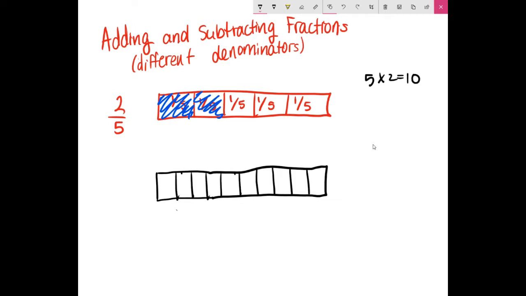So we have 10 pieces inside the strip, which is the same size as the previous strip where we had 5 pieces. But we can clearly see the pieces in the second strip are smaller, so let's label them 1/10 because there are 10 total.